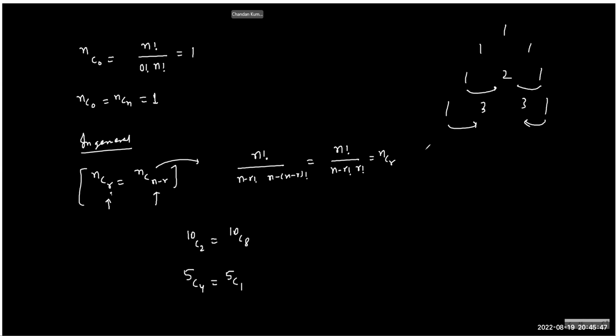The next is 1, 4, 6, 4, 1. So if you move right or left equidistant, you will get the same coefficients. So nCr and nC(n minus r) are always the same. Just remember this formula. So 5C4 is always the same as 5C1.